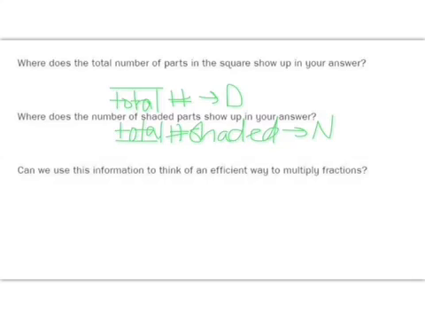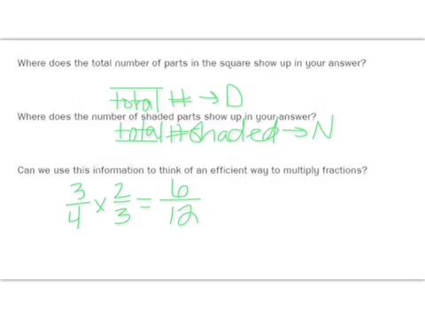The first one is 3/4 times 2/3 equals 6/12. If we look at that picture, 6 parts were shaded in out of 12.